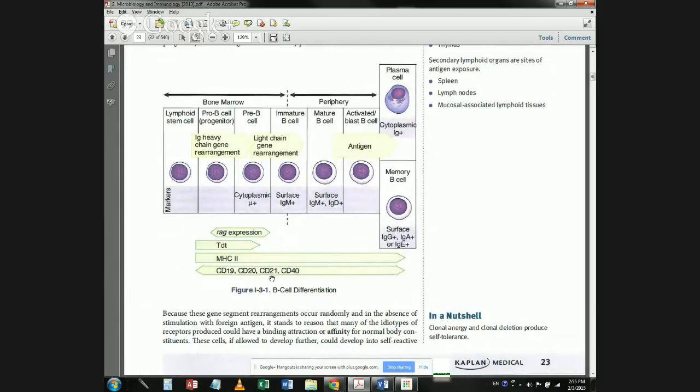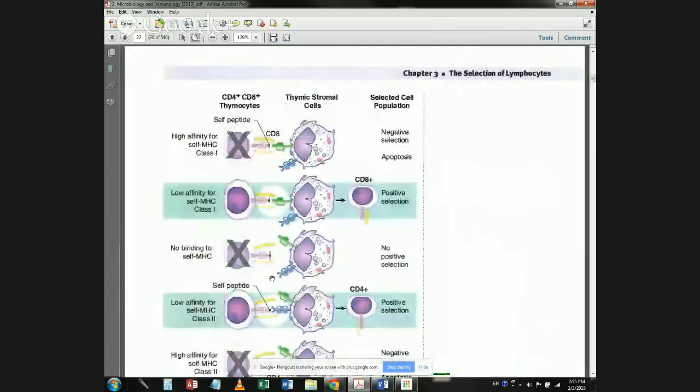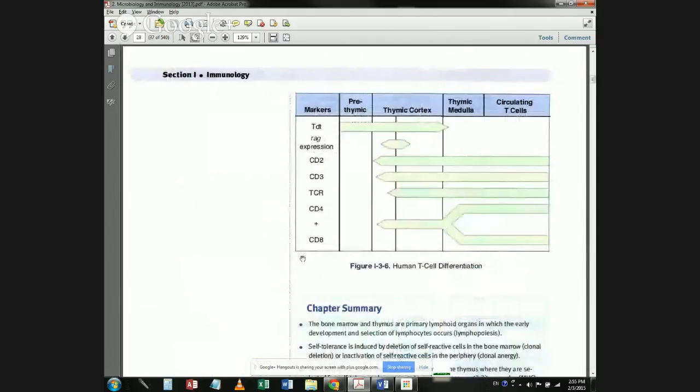In T cells, however, we have RAG expression happening only in the thymic cortex. That's an interesting question. When is the RAG enzyme being expressed in the T cells as opposed to B cells? In T cells, it happens only in the thymic cortex, and in B cells, it happens in the bone marrow. We still haven't figured out what exactly this RAG expression does based on our reading so far.